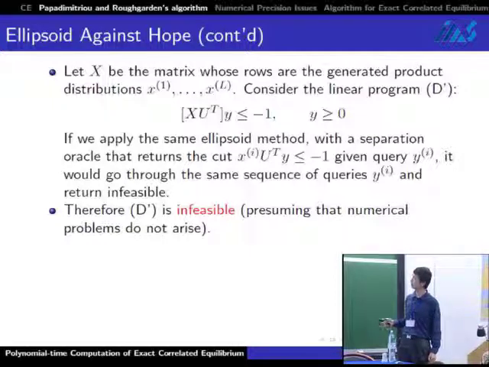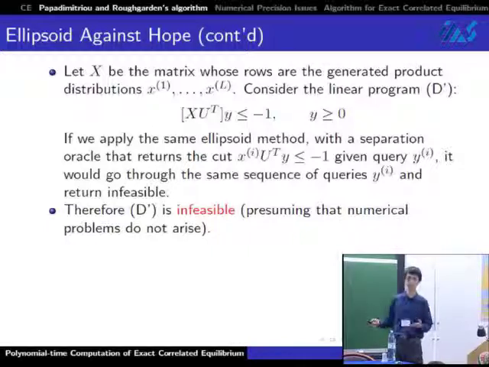So here comes a very important argument, basically saying that if we apply the same ellipsoid method with the same initialization with the following separation oracle, where it returns the ith cut given the ith query, then it should go through the same sequence of queries and same sequence of ellipsoids and end up having the same result, which is returning infeasible.